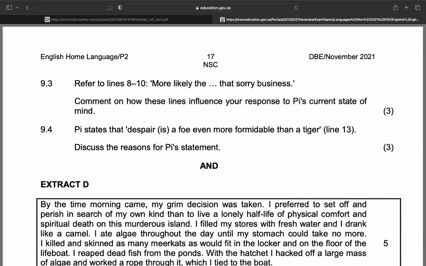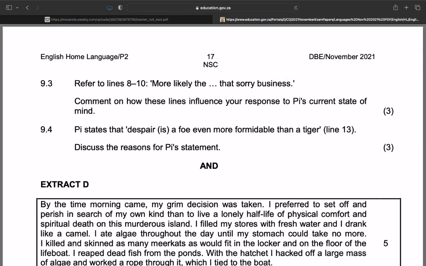But ideally you want to say the reader had a great sense of empathy for Pi, given that he experienced a traumatic ordeal. We also admire Pi for trying to survive and for trying to control his own destiny.